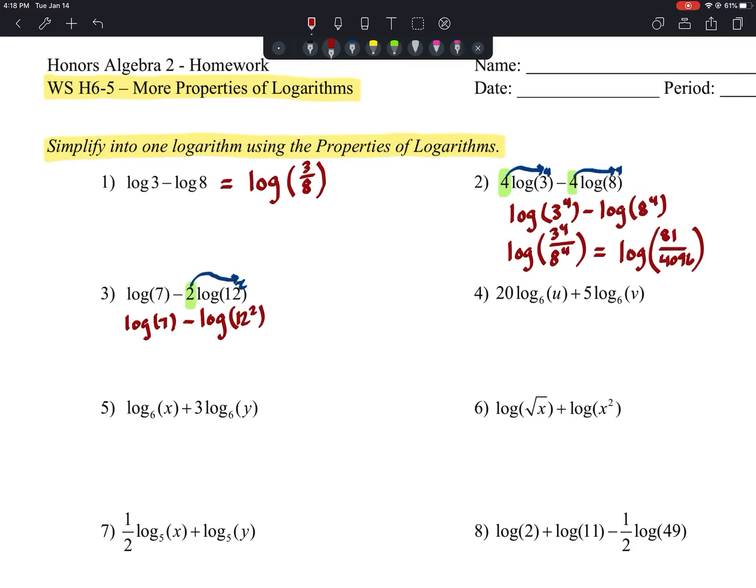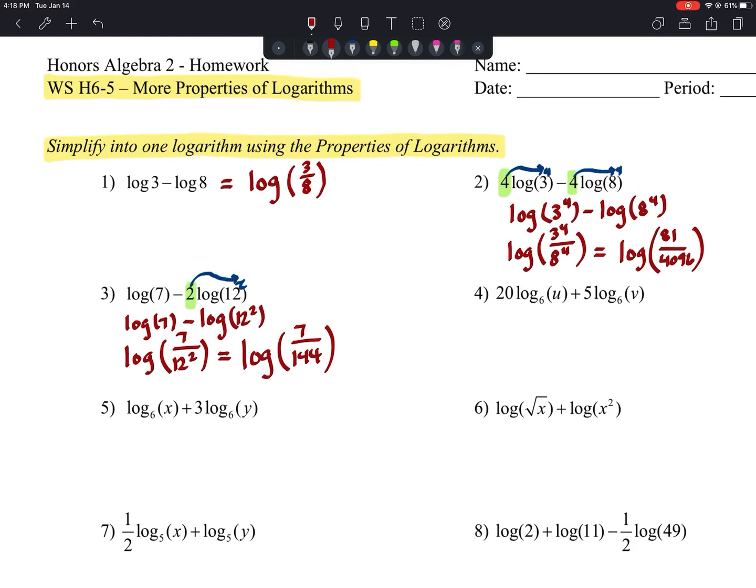After you do that there, you'll get the log of 7 over 12 squared. And then we can go ahead and simplify just like on the last one. You're going to get the log of 7 over 144. And 7 over 144, since they don't have a common factor, it won't reduce, and that would end up being our answer.